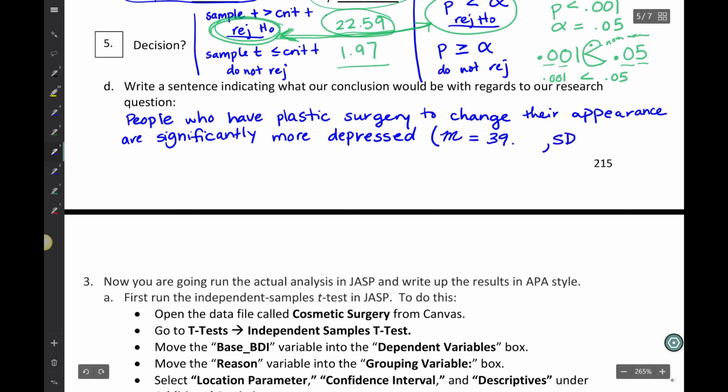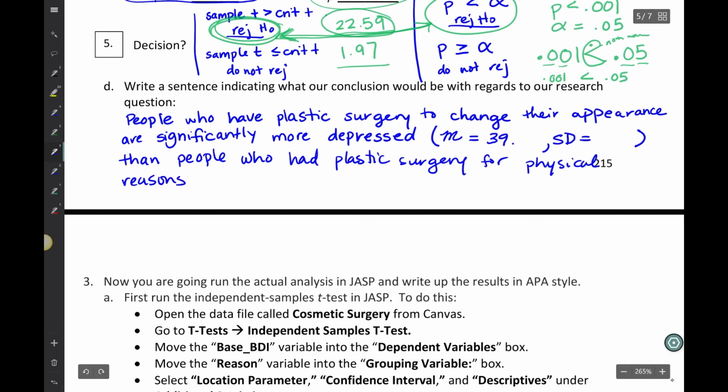And we would put the standard deviation. Than who? Than people who have plastic surgery for physical reasons.